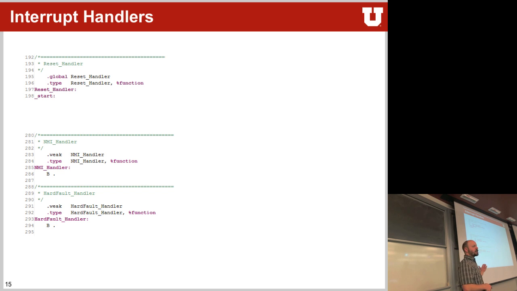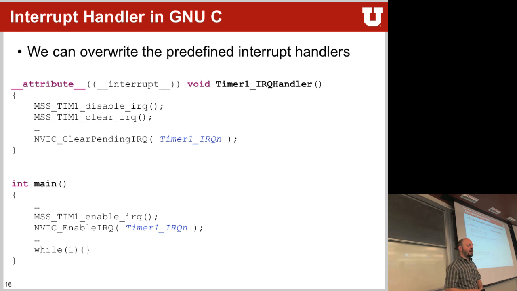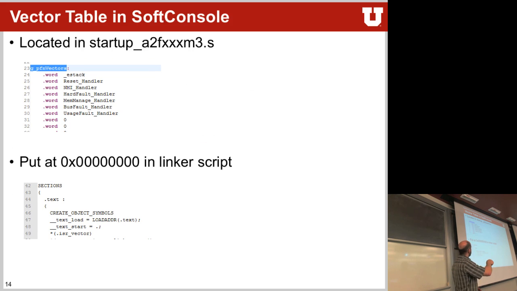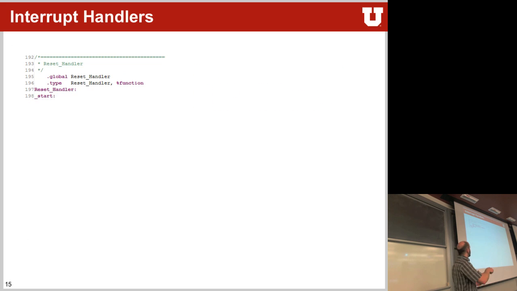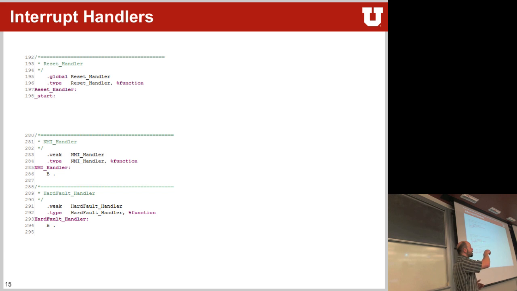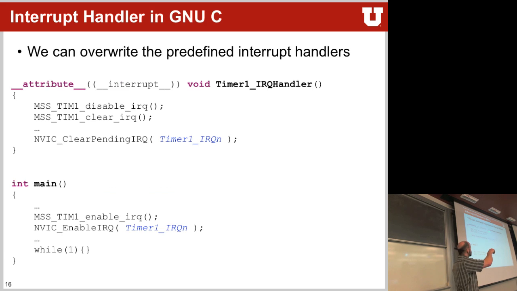You can overwrite them, for example, in C later on by defining an interrupt handler with the keyword __attribute__ interrupt, void, and then you just have to choose the name that was defined over here in this interrupt handler vector. That way you overwrite whatever they defined in this weak defined interrupt. So we'll overwrite these pointers using your functions.